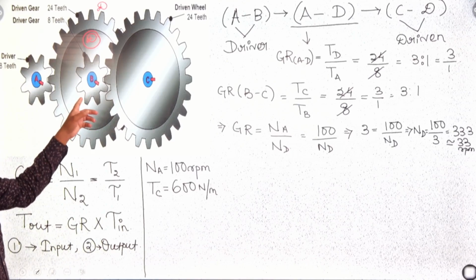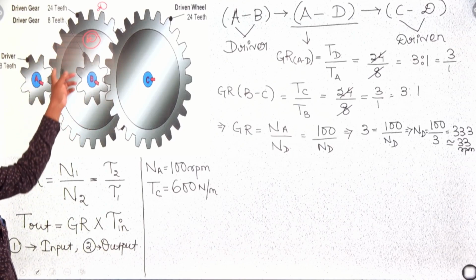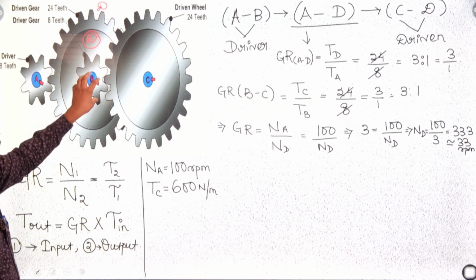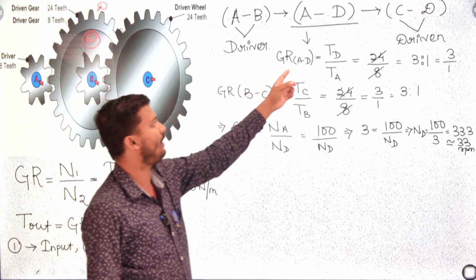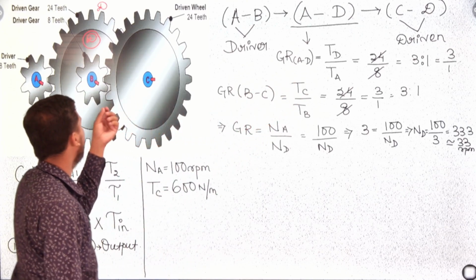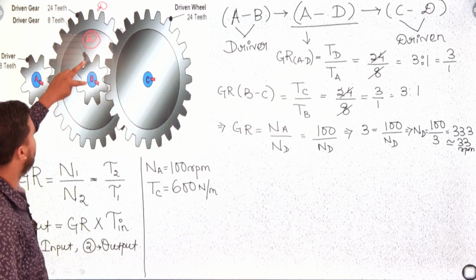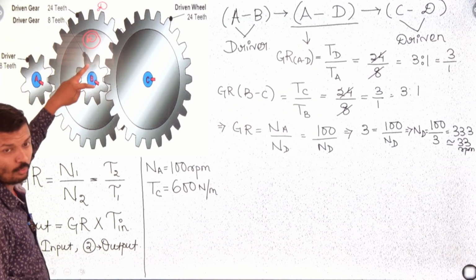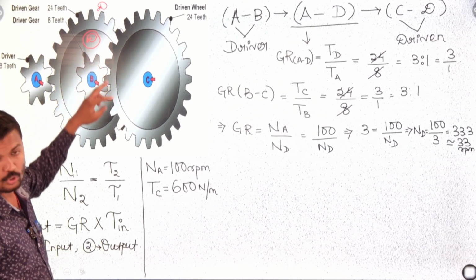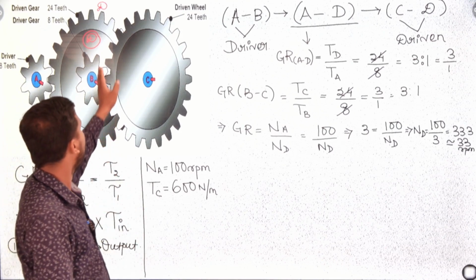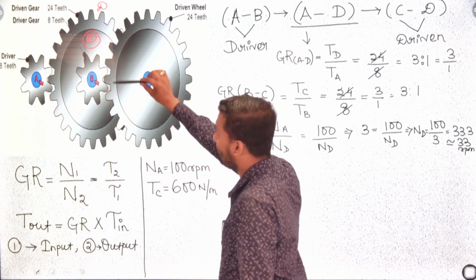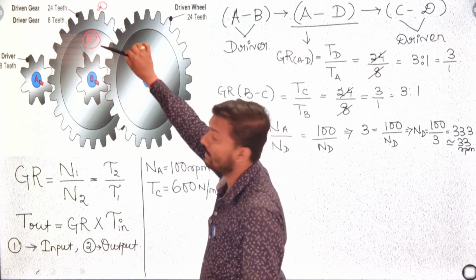Important is how to find NB, because Na and ND are connected. If you want to find NB, this gear ratio BC and AD is not accepted, because you are going to find out between the two gears B and D. So we first have to find the gear ratio which is between B and D.